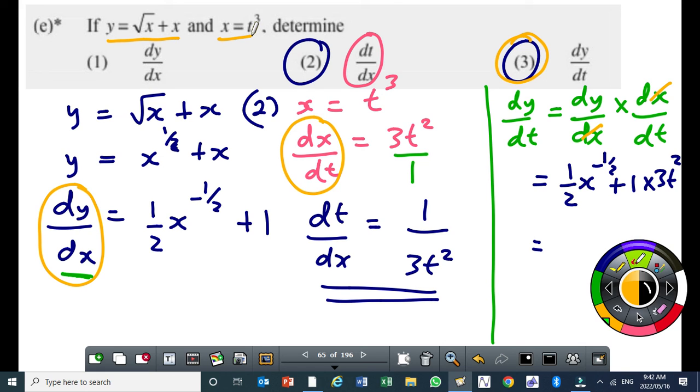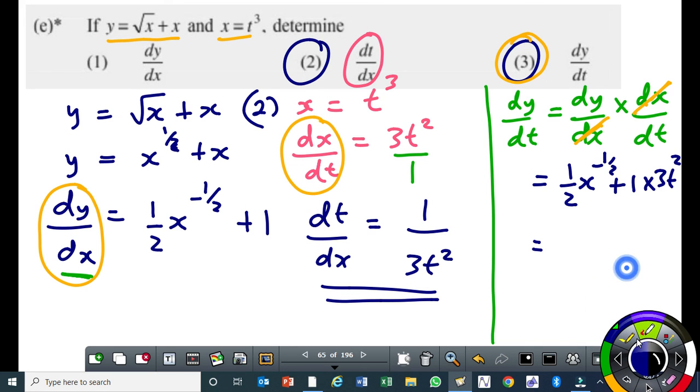And the only way you can do that is to multiply dy over dx by dx over dt, because this dx and that dx, they cancel out. So we just have to multiply the two derivatives. That is dy over dx and dx over dt. If we multiply those two, we will get dy over dt.